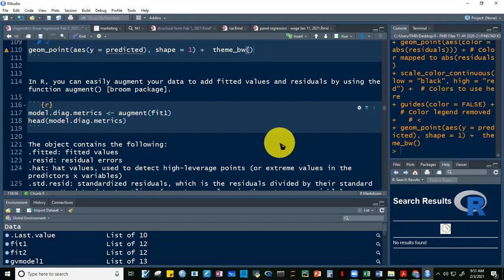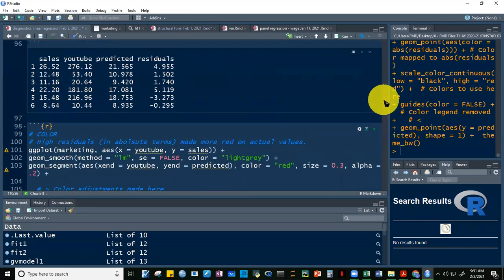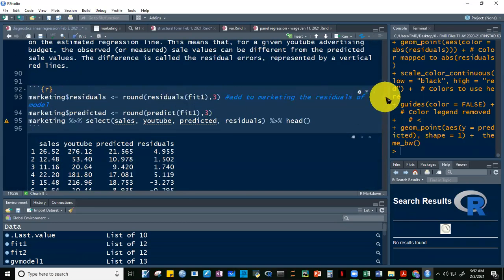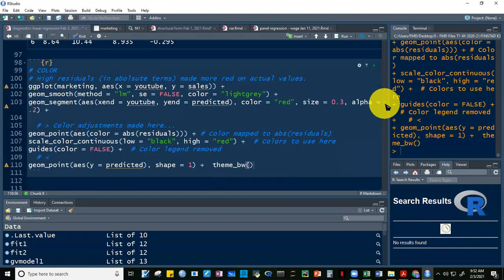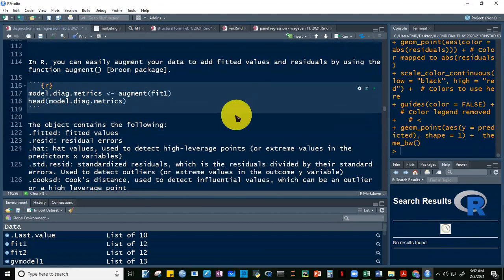Now, in R, we can add the fitted values and residuals. What we used earlier was this. We can actually create an object using the function augment, and this augment comes from the broom package.